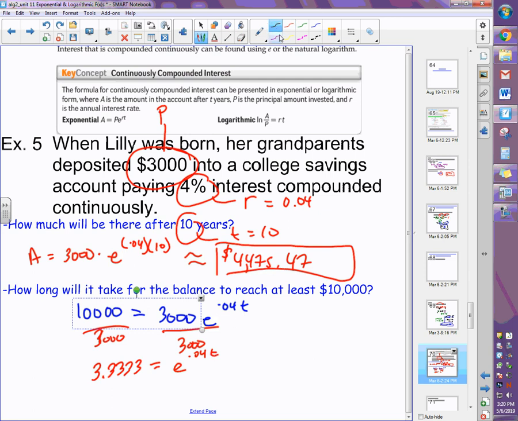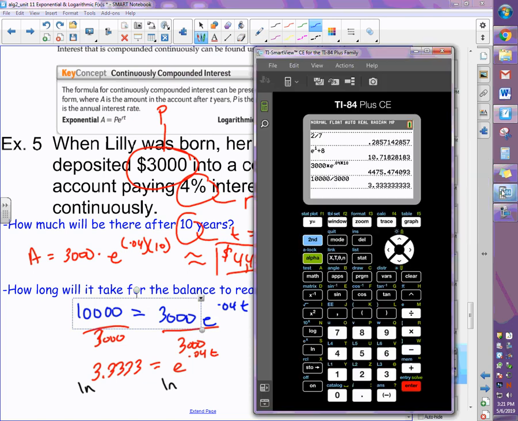Now I would apply a natural log to both sides. So I would have natural log of 3.3333 is equal to 0.04 T, and then divide both sides by 0.04 to get T by itself. So I would put natural log of 3.33333 divided by 0.04 into the calculator, and that'll give me the approximate time.